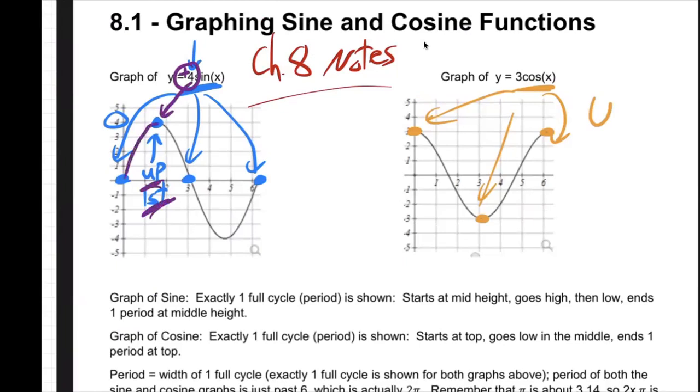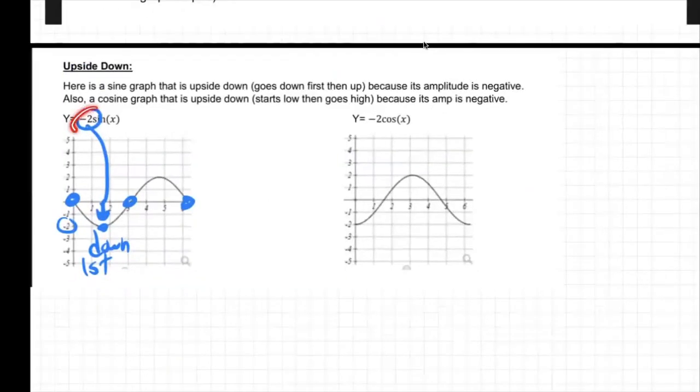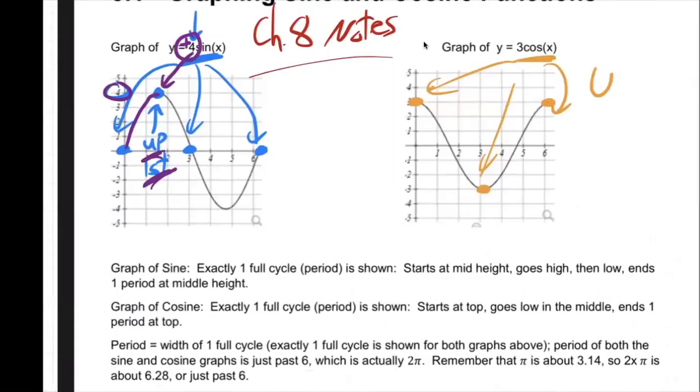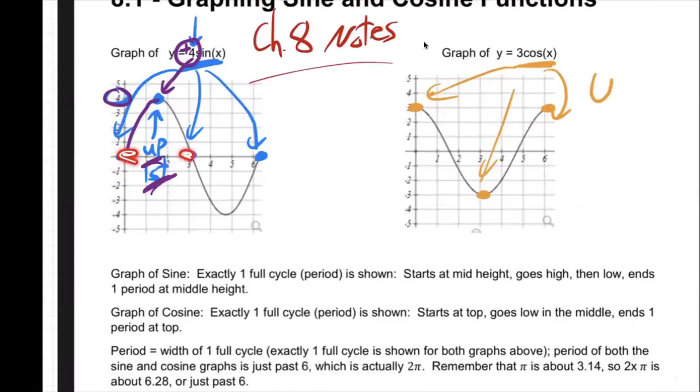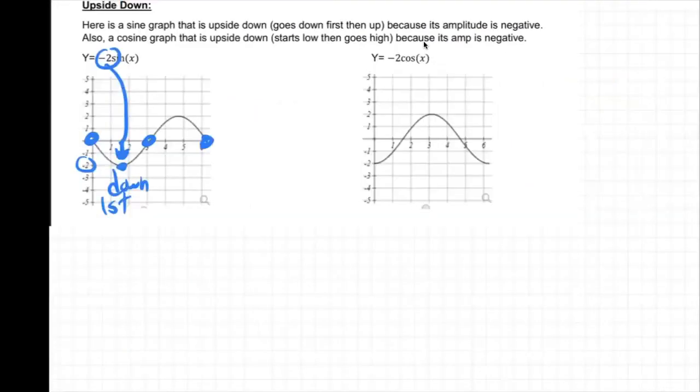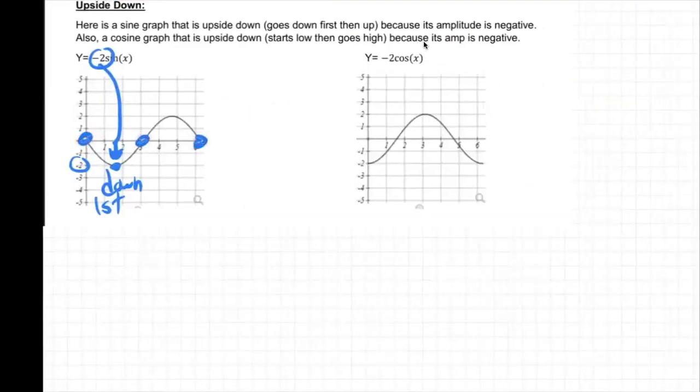It'll go up and down, it'll do them both. It's all about what it does first. So a positive sign goes up first, and a negative sign goes down first, then up afterwards. But again, it always starts and ends in the middle.